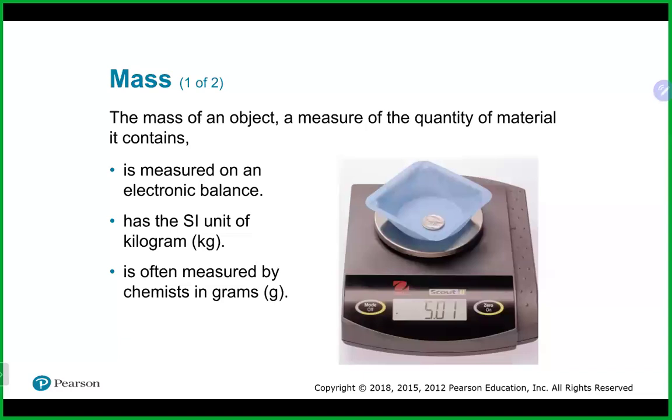When we talk about mass, the mass of an object is measured as the quantity of matter it contains. There is a difference, by the way, between mass and weight. Mass is independent of the force of gravity, while weight is dependent on the force of gravity. So if you weigh yourself here versus on the moon, because the gravity is different, your weight will be different, but your mass in both places will basically be the same.